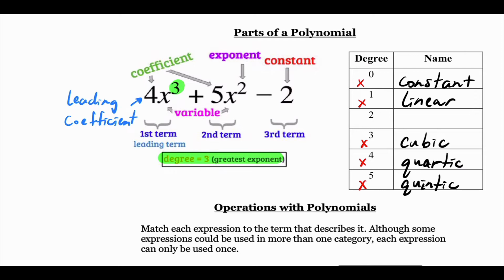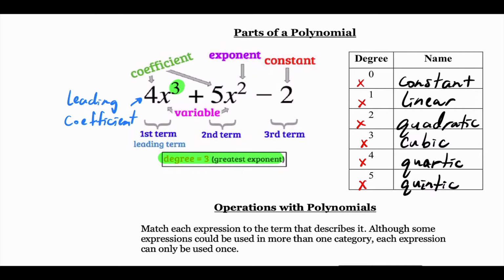The chapter we just covered, the name of the chapter was quadratics, because it had a lot of x to the second power, x to the second power, x to the second power. If I look on your paper here, I'm going to find a lot of x to the second powers. That's the degree. That's the greatest exponent, right?